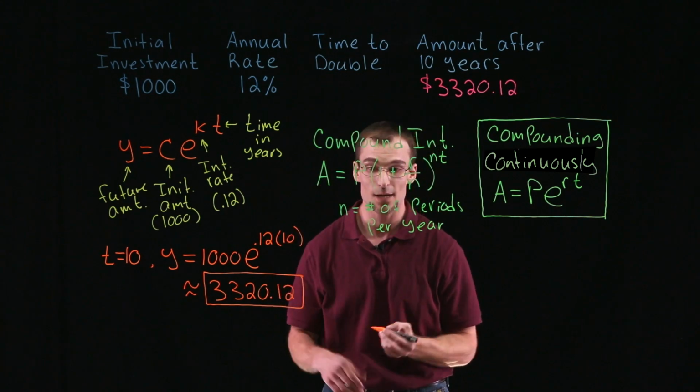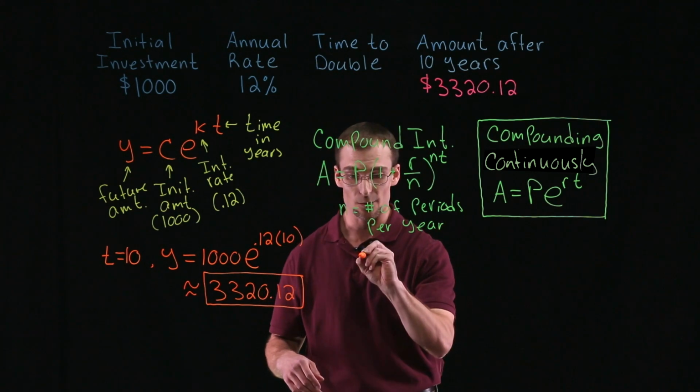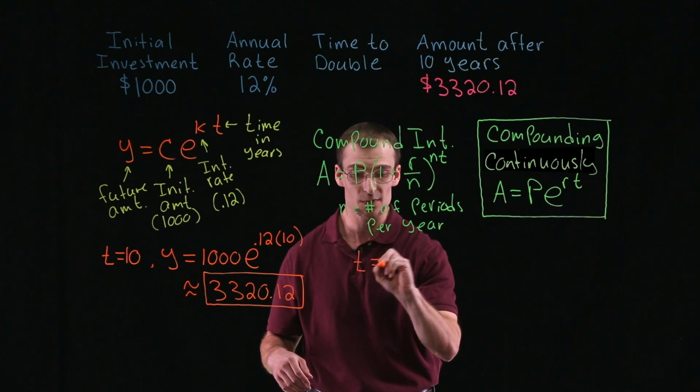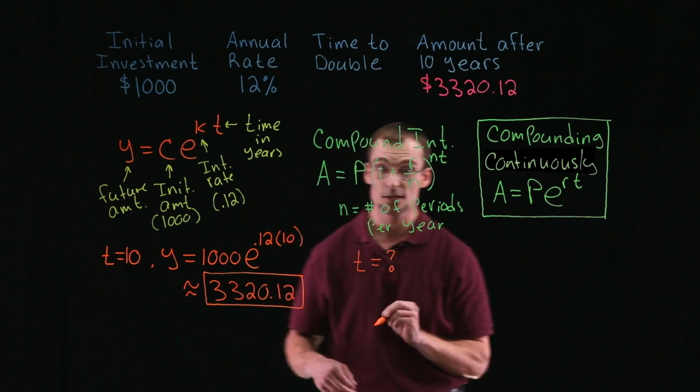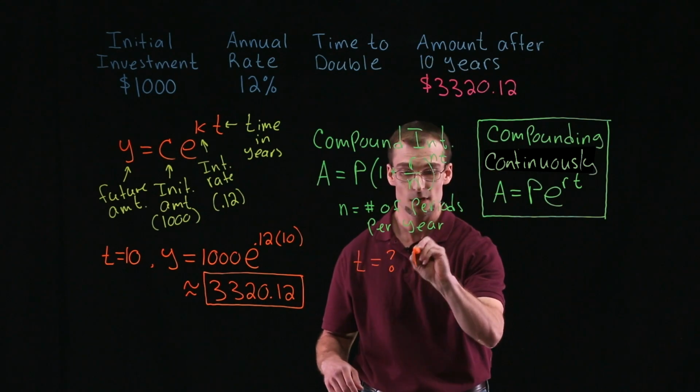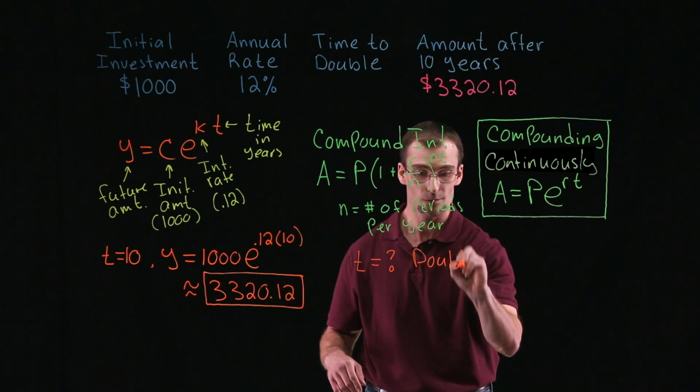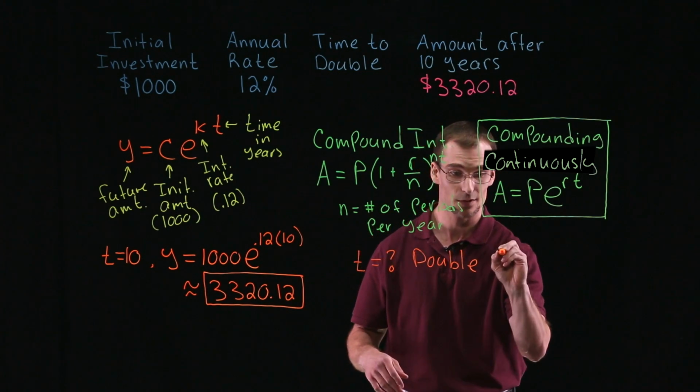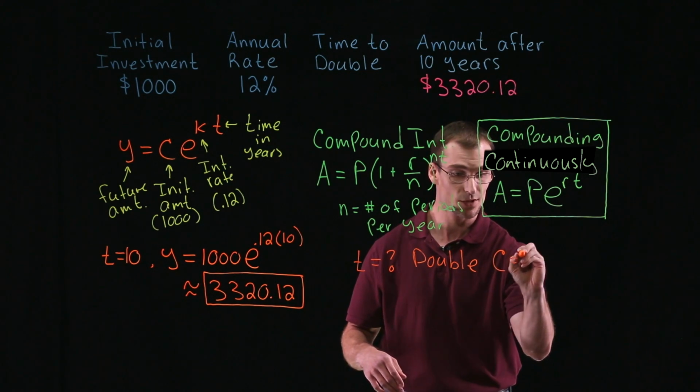The last part is the time to double. So what do we want here? Time to double is the value t to double our initial amount, c, which is 1,000.